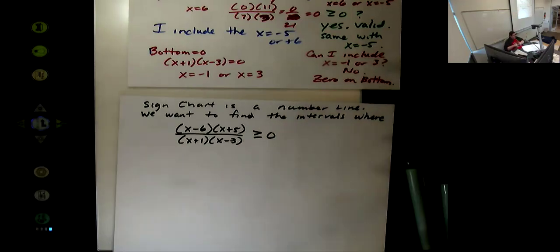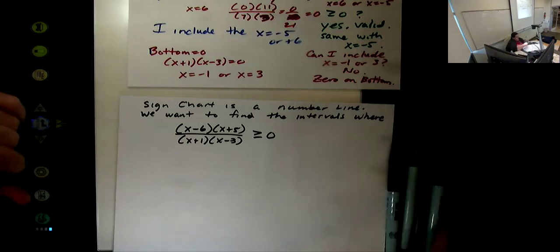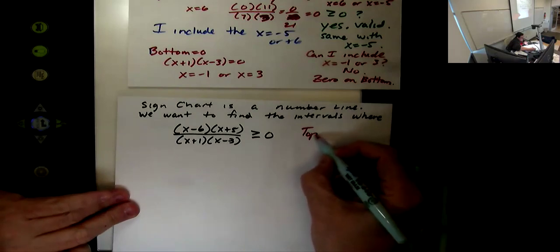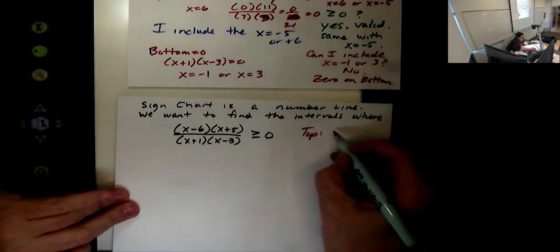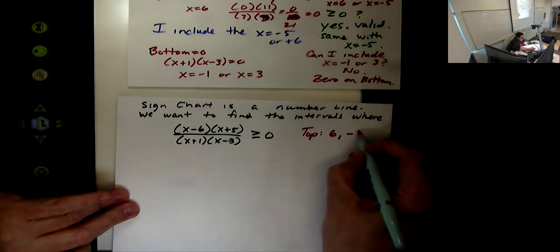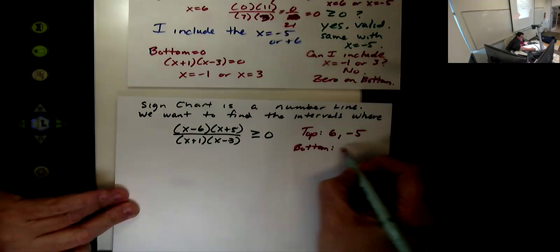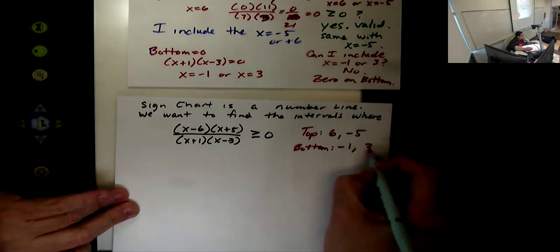That's our goal. And we calculated values on top, special values of 6 and -5. And on bottom, we got -1 and 3.